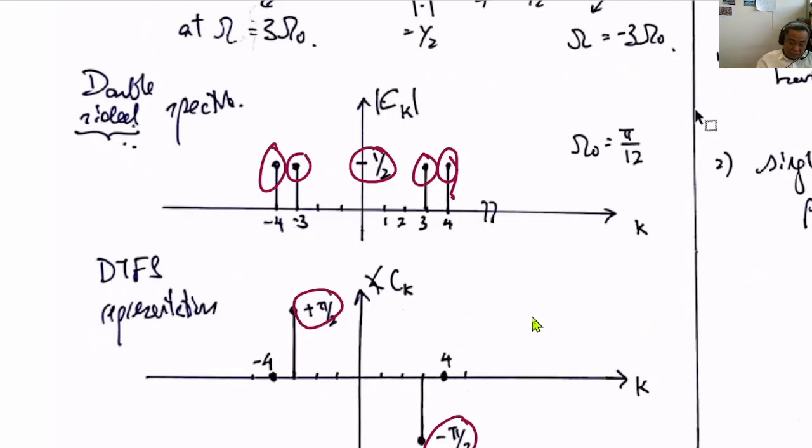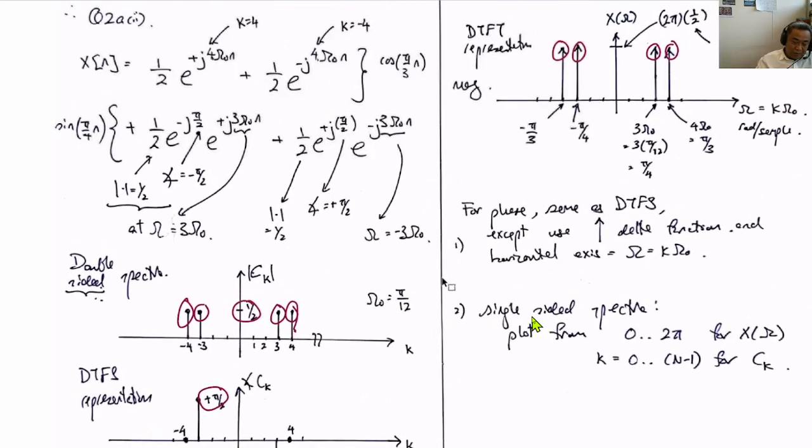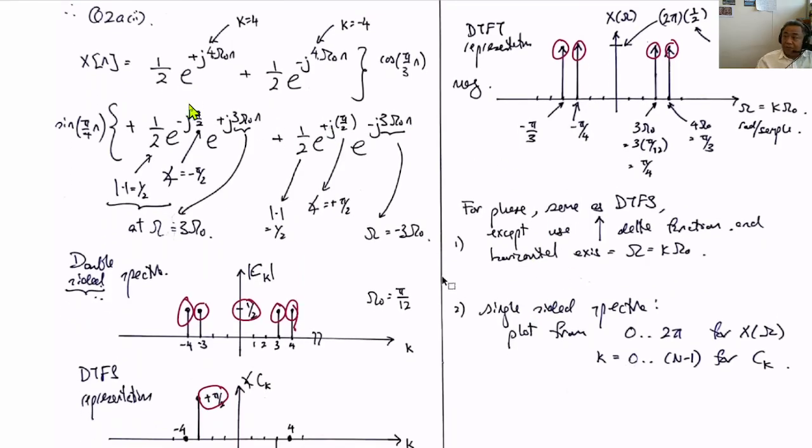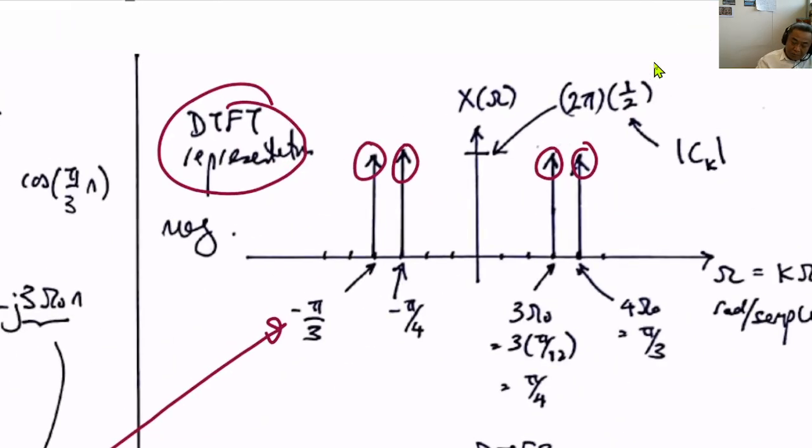So this is the DTFS representation that we have just worked out. So sorry about this, this is the DTFT representation. So what we do to go from the DTFS to the DTFT is two things. We first multiply the magnitude by 2 pi, and then we convert the k representation directly into omega, and it is very simple.